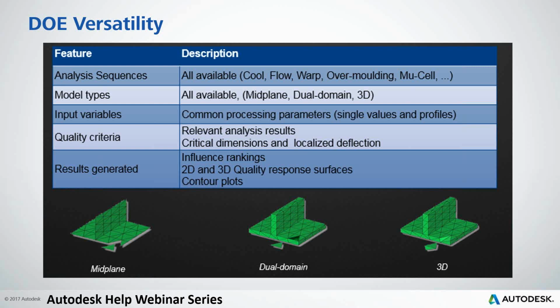DOE can be run to target a specific output. For example, can I achieve a uniform packing within the available clamp force? Additionally, you can use a DOE to identify the optimal process, meaning what are the significant variables and what are the levels to achieve the best quality.